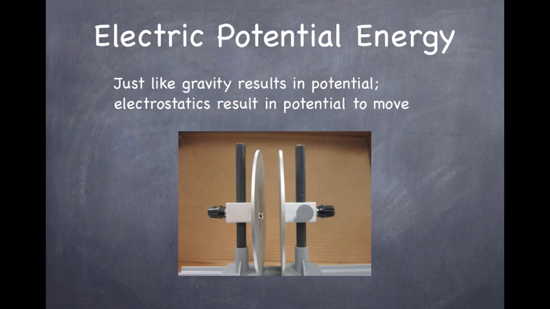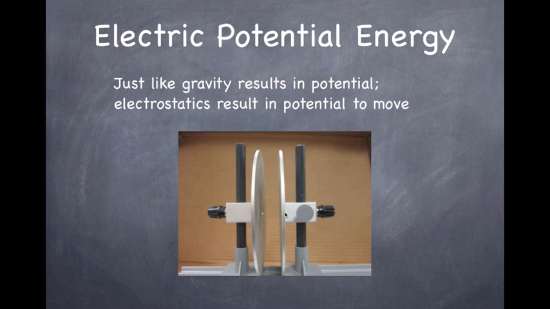If I bring a proton and another proton close to each other and let them go, they would move away from each other because of the electrostatic force. So we call that the electric potential energy, or the potential energy due to charge. You can actually have a potential that's positive, which would repel, or negative, which would attract. It's a little bit different than gravity, but it's the same basic idea: if you let go, what will it do?